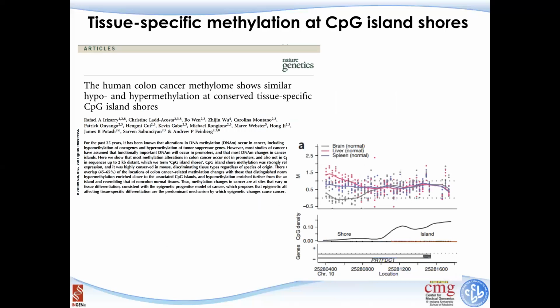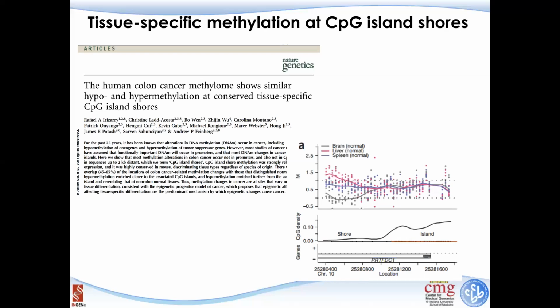For example, this is one paper published in Nature Genetics in 2009 or some year around 2009. And here shows an example. This is a CpG island, and this is a CpG shore, and they compare DNA methylation from 3 tissues: brain, liver, and the spleen.